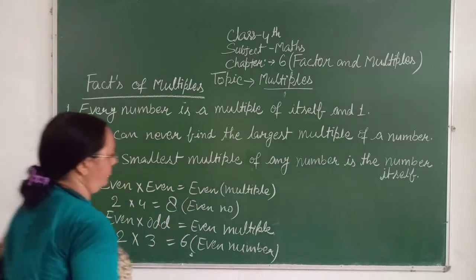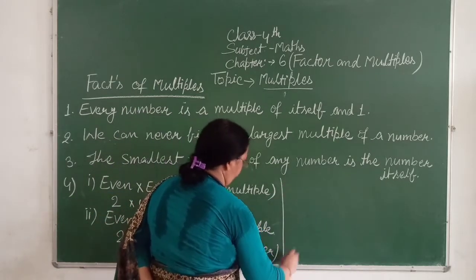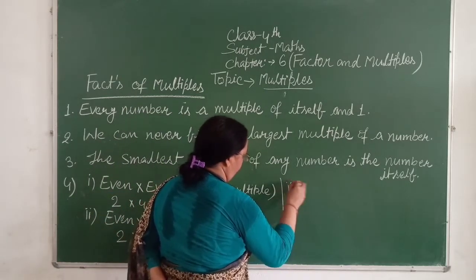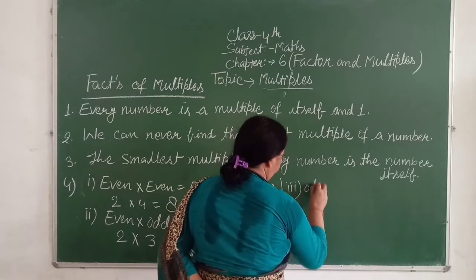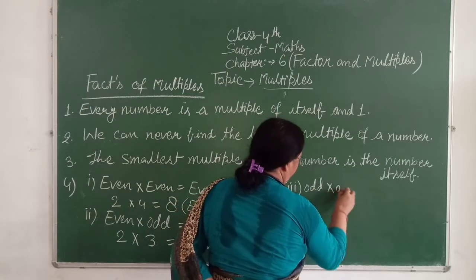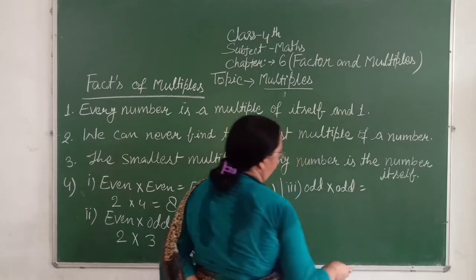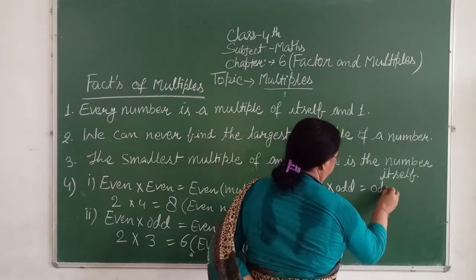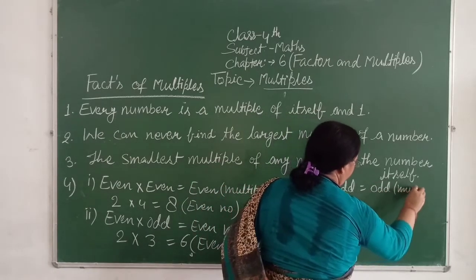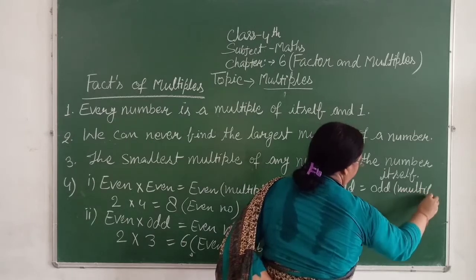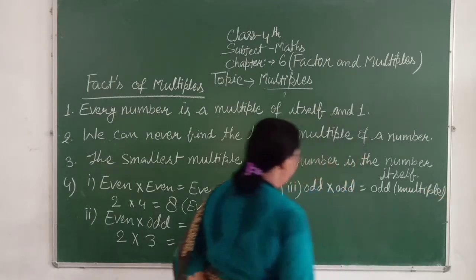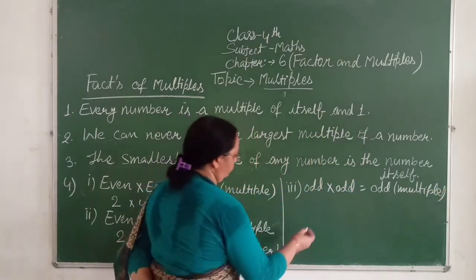And the third one is odd multiplied with odd. Multiple is odd. Pick any odd number.